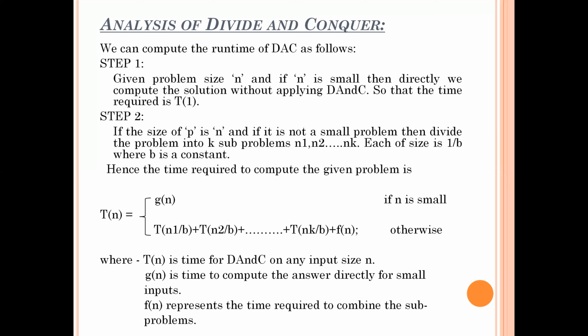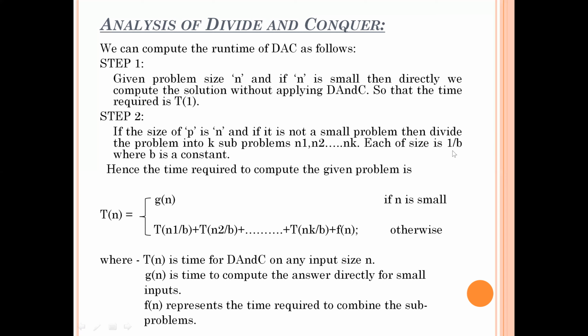Definitely we have to divide the list into sublists. For example, I have divided the list into two halves. Then what will be the n1 value? Suppose n is 10 and my list is divided into two parts. Then n1 will become 5 and n2 will also become 5.